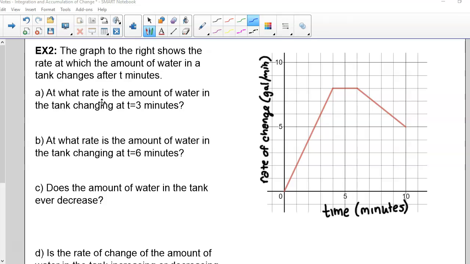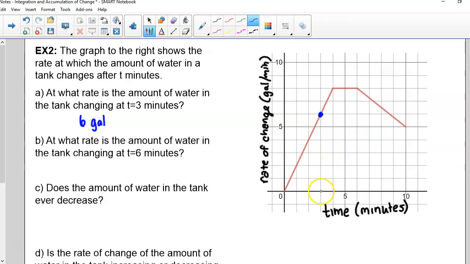But what does this graph show us? The rate of change, so the gallons per minute. So if I want to know the number of gallons per minute, I just go over here to 3, go up here to this point right here. And so at 3, the rate of change is just 6 gallons per minute.